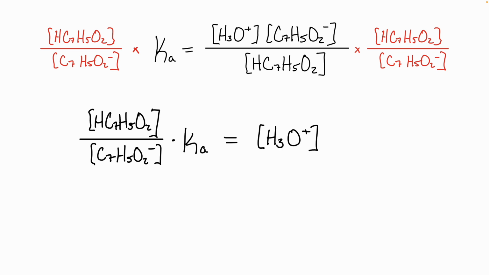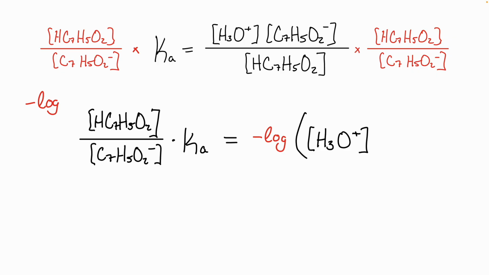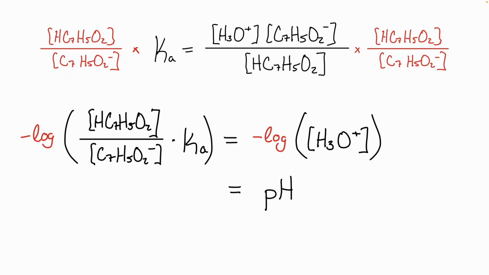We're after our pH. So let's go ahead and we're going to take the negative log of both sides of this equation. Okay? The negative log of the hydronium concentration is the pH of our solution.